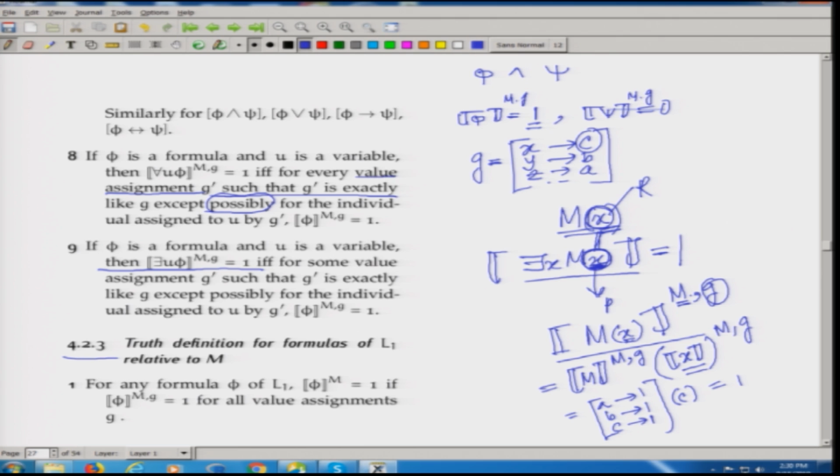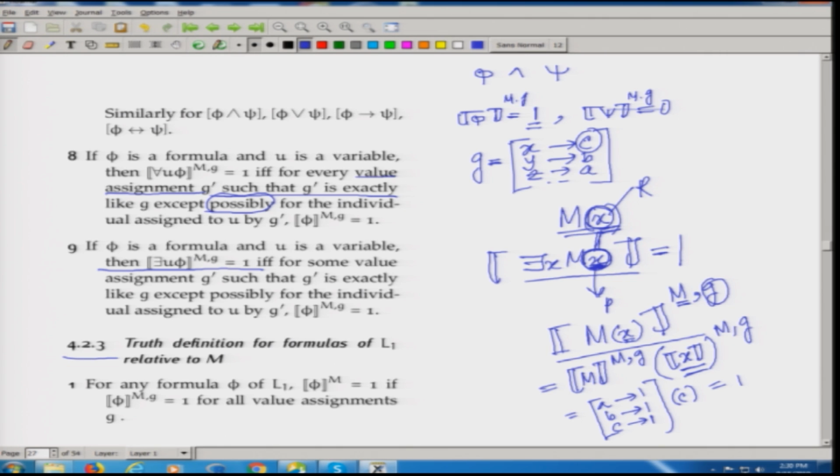So, if x is a real variable, that is, if x is parametric, then it collects its denotation directly from g, because g will definitely give a value to it. But then g, apart from giving values to variables, has got another function, changing values, which is very important.